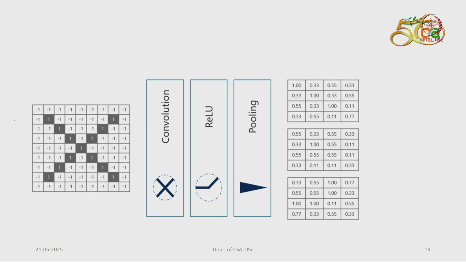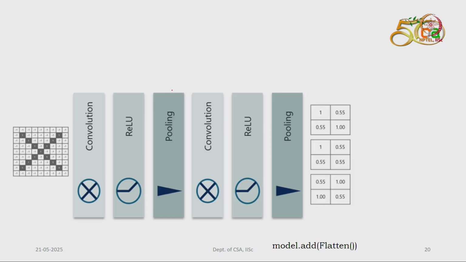By passing this input image through a convolution, ReLU and pooling, we got this output. Now, for me this is still not sufficient. What is the size? It is 4 cross 4, and here also 4 cross 4, and here 4 cross 4. So we have 3 different 4 cross 4 matrices. Now, the same operation we will continue.